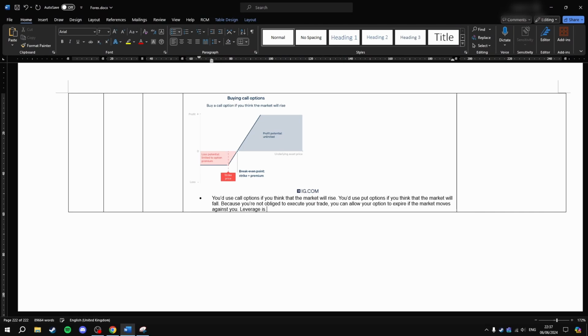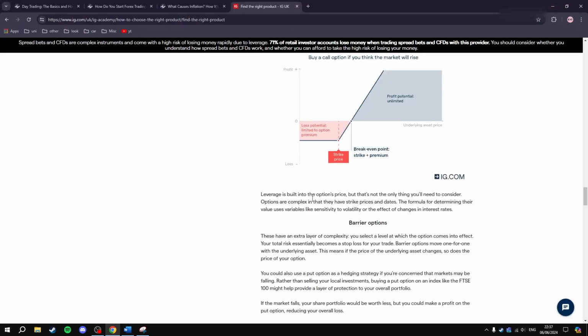Leverage is built into the option's price, but that's not the only thing you need to consider. Options have strike prices and dates.